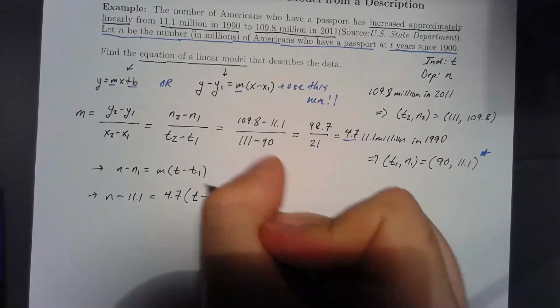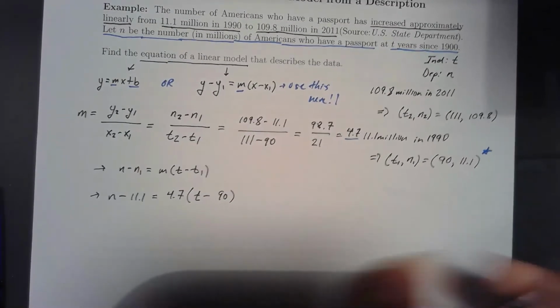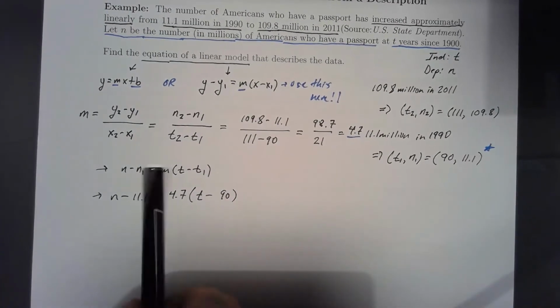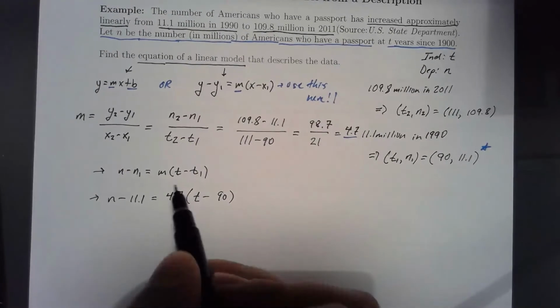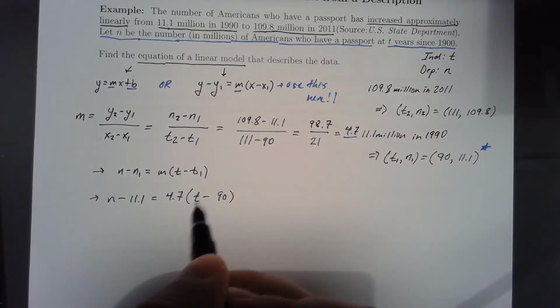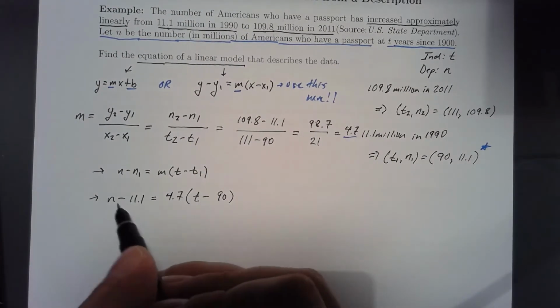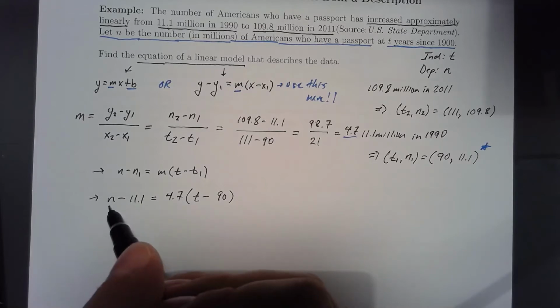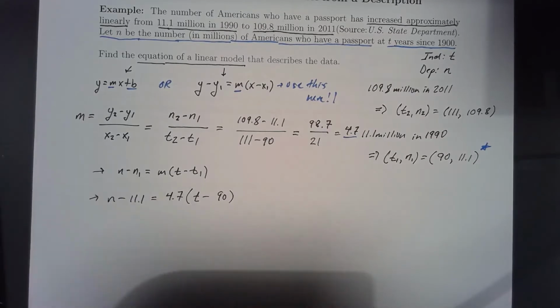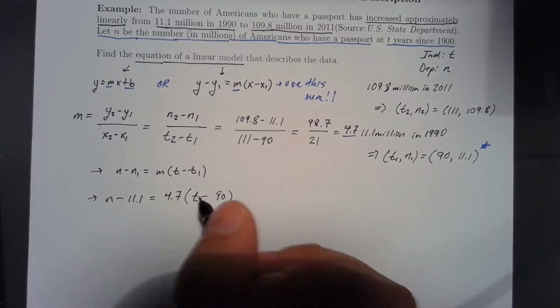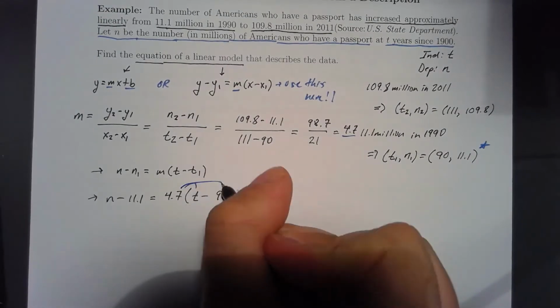So again, think about chapter 1: when you plug them in, you distribute the slope out, and then you solve for the dependent variable, which in this case is n, or typically it'd be y. So now just distribute the 4.7 to here and here.